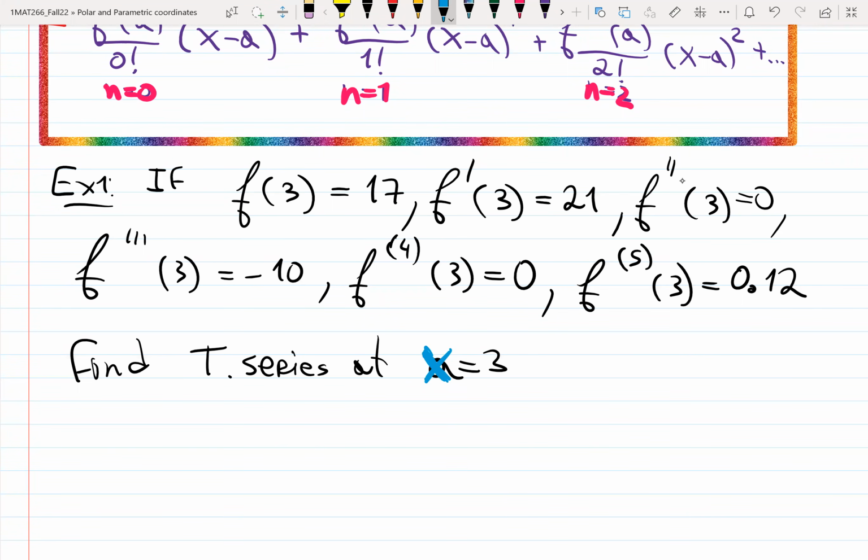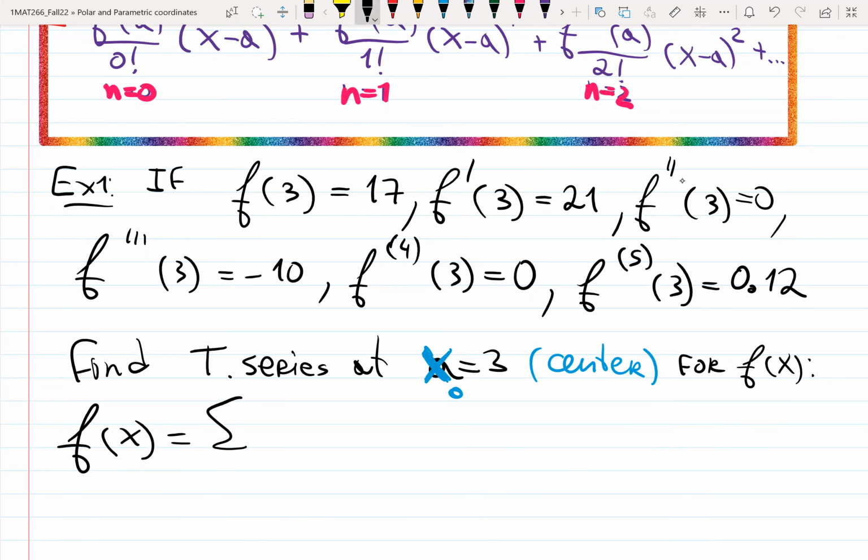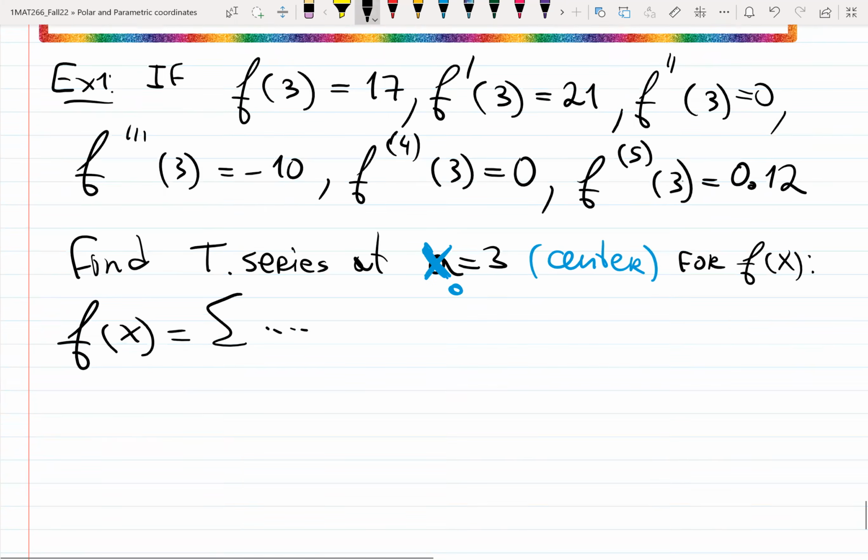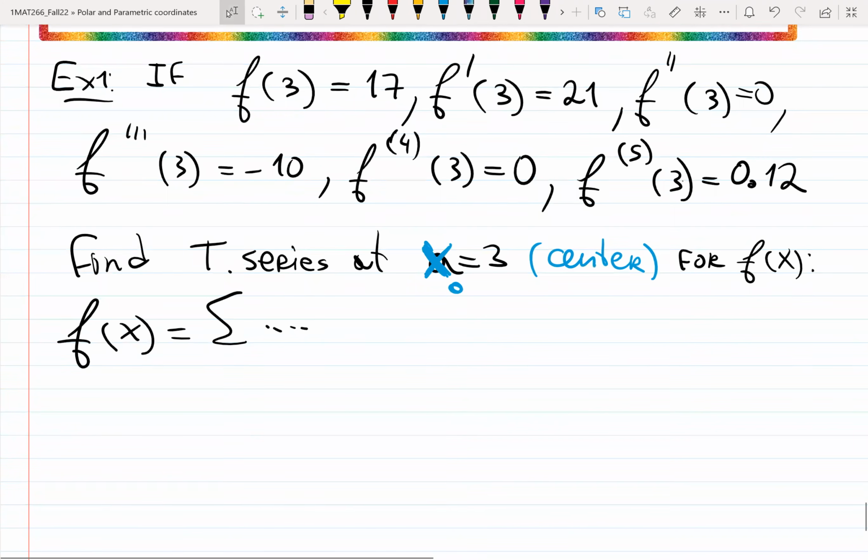They say at x equals 3, that's the center. They sometimes call it x sub 0 or a or c. People do not agree on how to call it, unfortunately. For f of x, they want you to find f of x equals some terms written down.